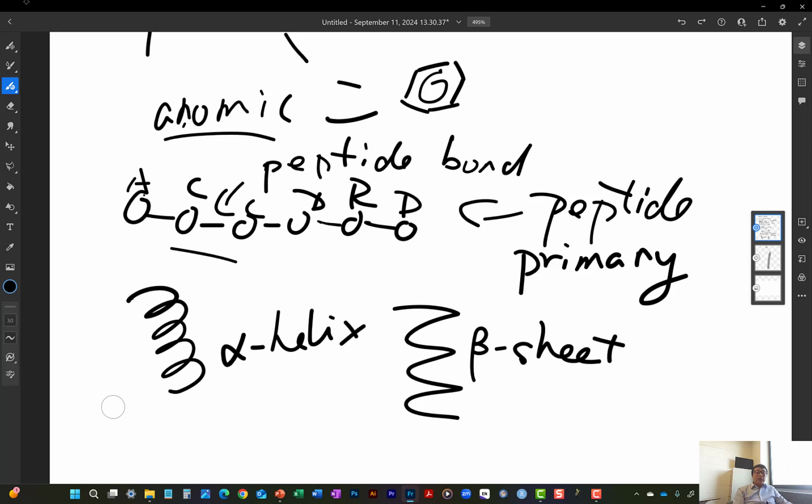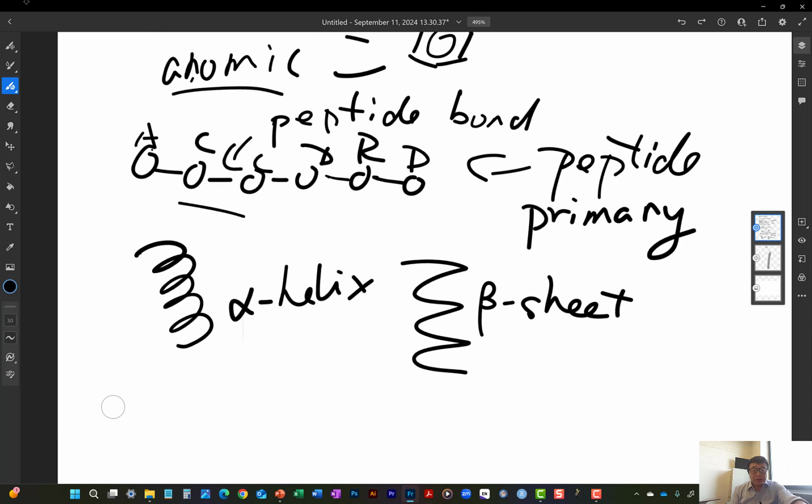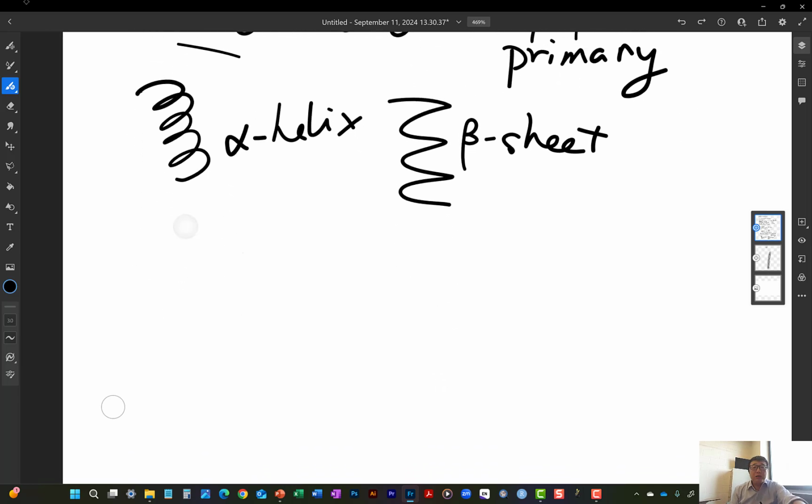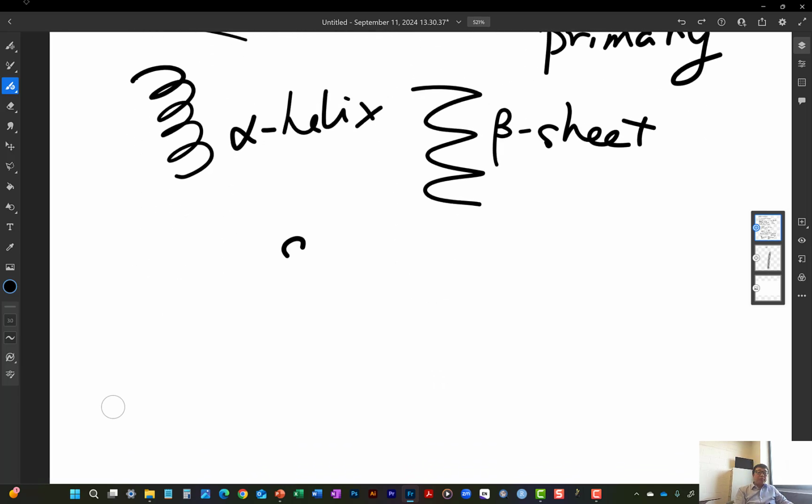These standard structures we call secondary structure. A long peptide containing more than 20 amino acids we call a polypeptide.